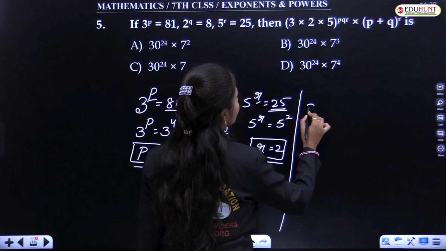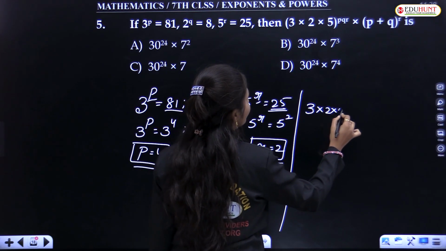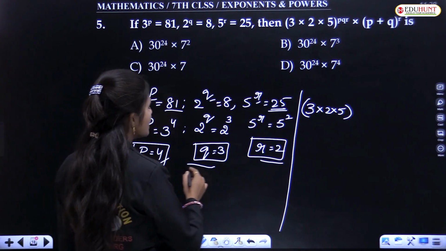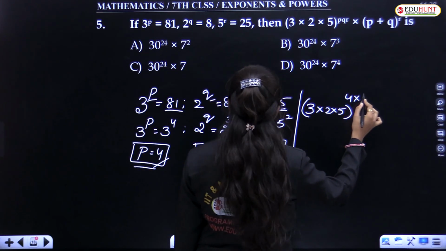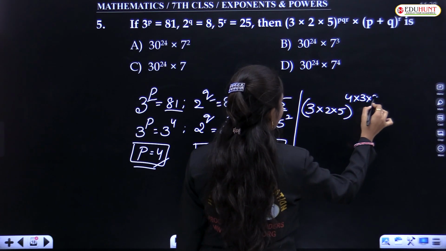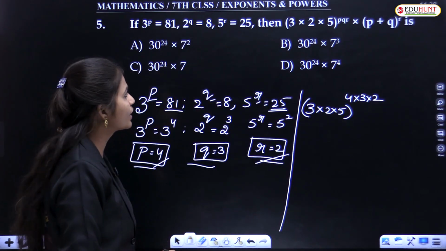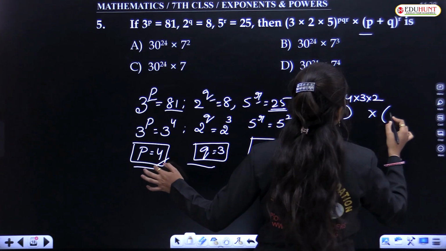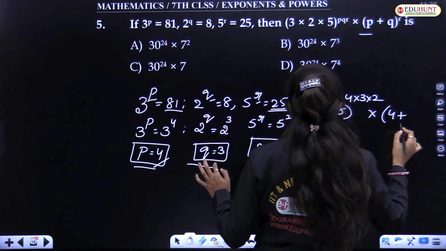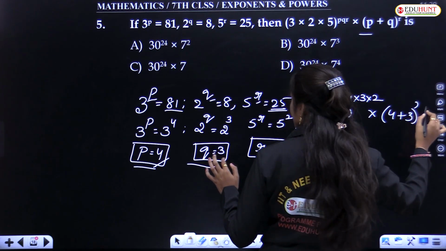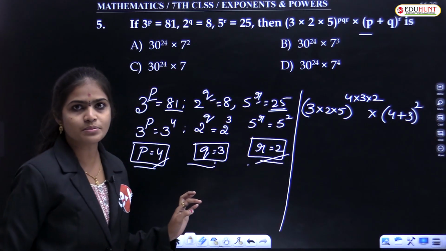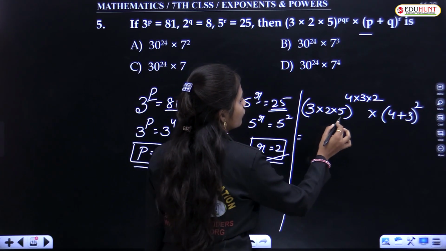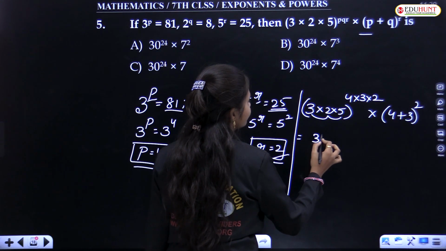Now we need to find 3 into 2 into 5 whole power pqr, where p is 4, q is 3 and r is 2, into p plus q whole power r. After substituting the values, we just need to take the product. 5 2 is 10, 10 3 is 30.